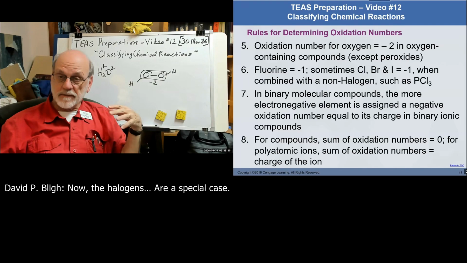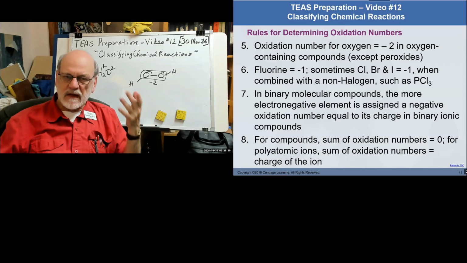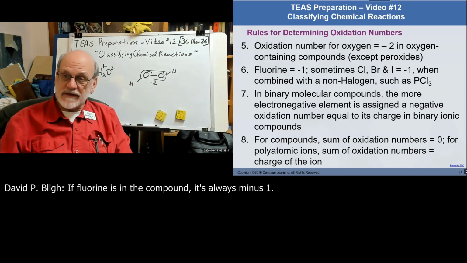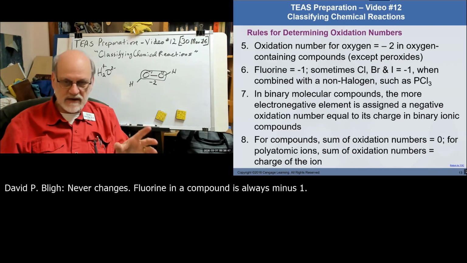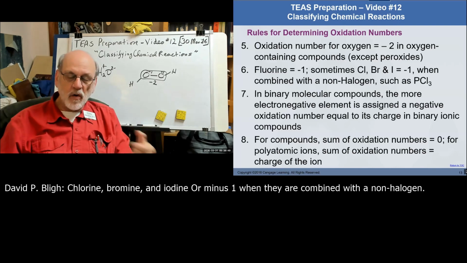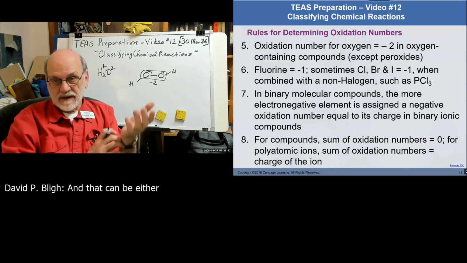Now the halogens are a special case. If fluorine is in the compound, it's always -1. Never changes. Fluorine in a compound is always -1. Chlorine, bromine, and iodine are -1 when they're combined with a non-halogen.